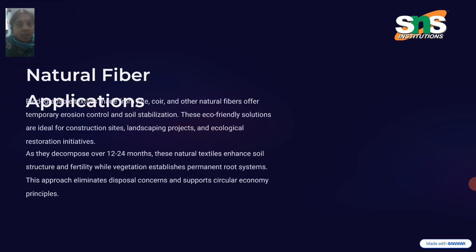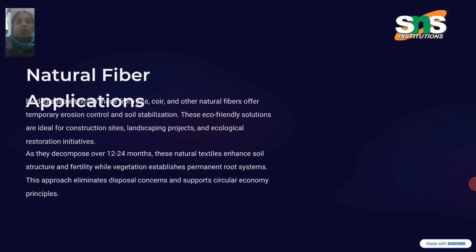Natural fiber applications. This is mainly concentrating on cotton, jute, linen, coir and other natural fibers for temporary erosion control and soil stabilization. These eco-friendly solutions are ideal for construction sites, landscaping projects and ecological restoration initiatives.